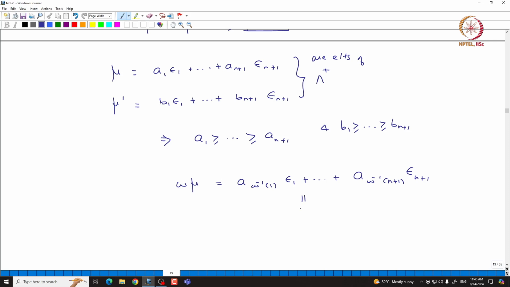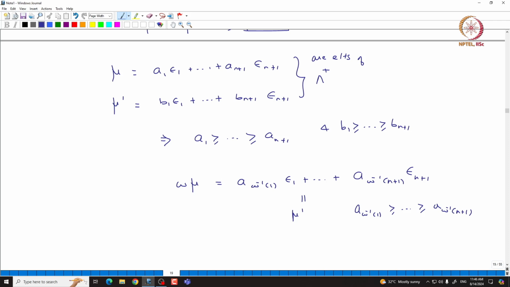Okay. Then you are saying that mu dash, and you are saying that a_{w^{-1}(1)} is again greater than or equal to a_{w^{-1}(n+1)}. And of course, so here you are actually kind of saying that, okay. So, one has to be a little bit careful in this argument. So, for example, suppose all the coefficients are equal.